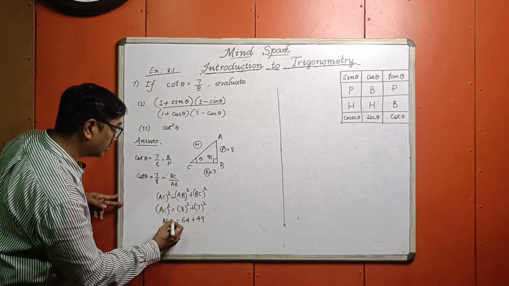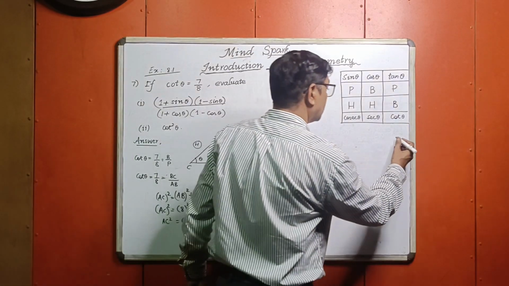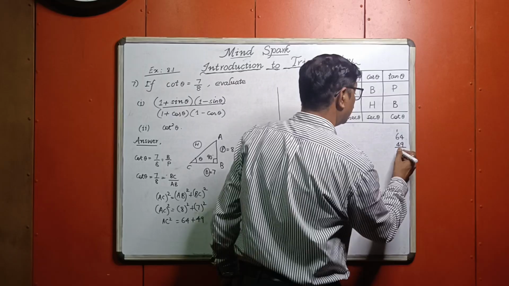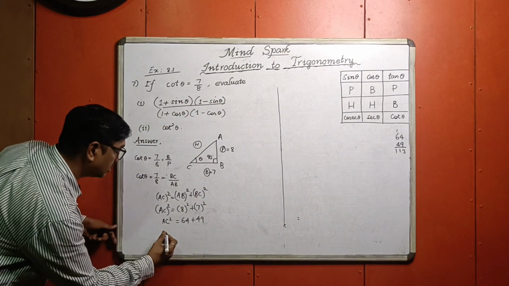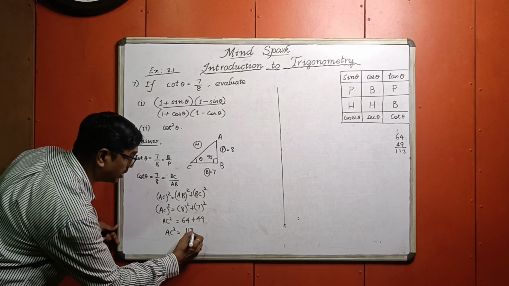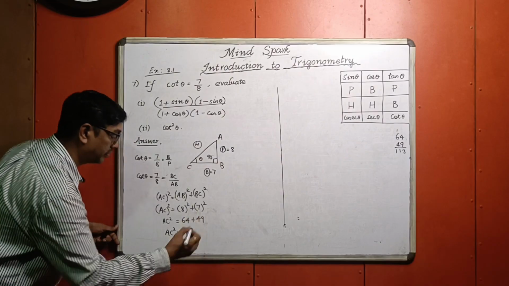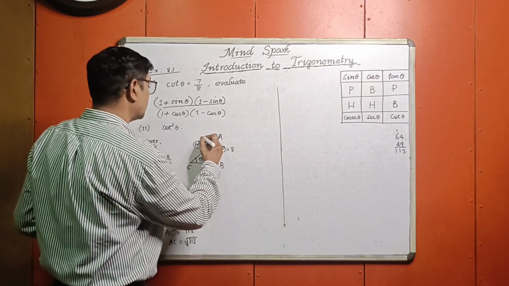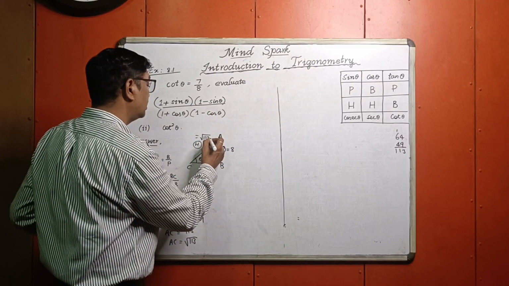AC square is equal to 64 plus 49, how much? You get 113. So AC is equal to square root of 113. That is the hypotenuse. Hypotenuse is equal to square root of 113.